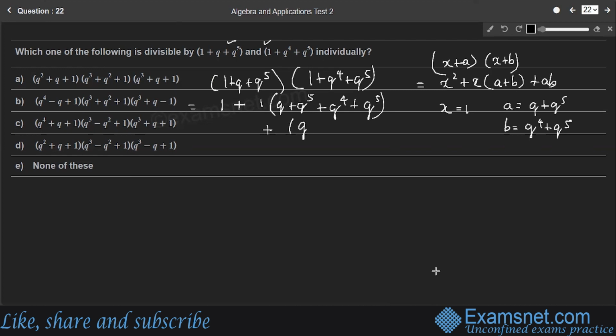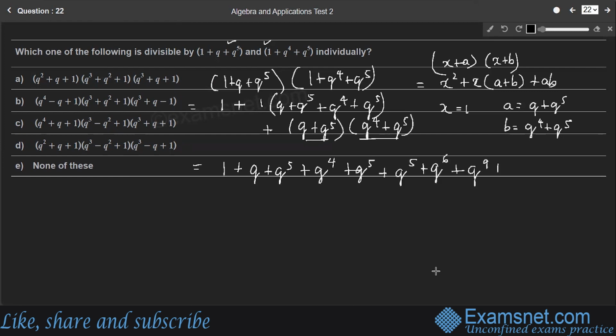So we'll simplify this: 1 + q^5 + q^4 + q^5, and then take the product of a and b, the last two expressions, so plus q^5 plus q^6 plus q^9 plus q^10.